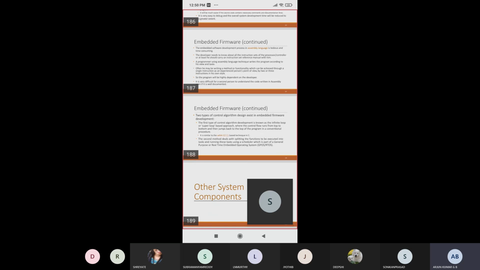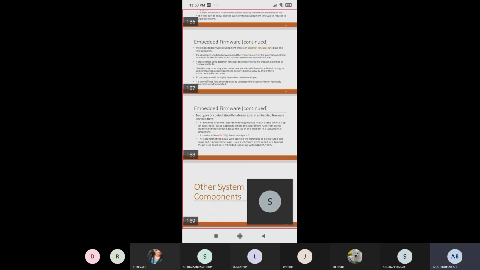The second method deals with splitting the function to be executed into tasks and running these tasks using a scheduler, which is part of a general purpose or real-time embedded operating system. So embedded software can be developed using these two methods: first the infinite loop or super loop method, and second splitting the functionalities into tasks.